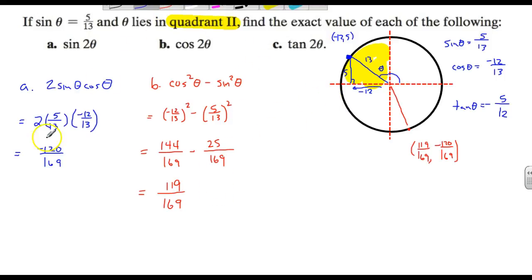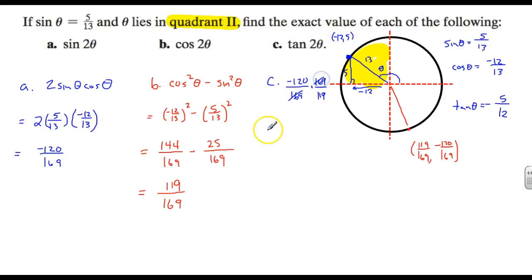I can plug into the tangent formula, and I will in just a second, but remember tangent 2 theta is sine 2 theta over cosine 2 theta, and notice that both of these have 169 involved. So for tangent, I'm going to get negative 120 over 169 divided by this guy, which is the same thing as multiplying by the reciprocal.